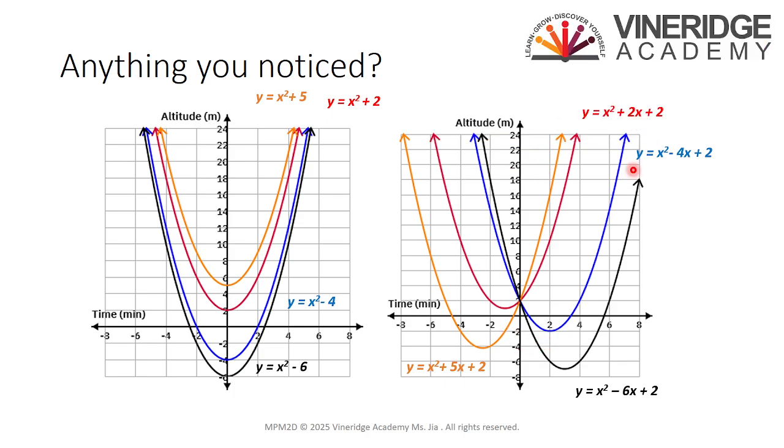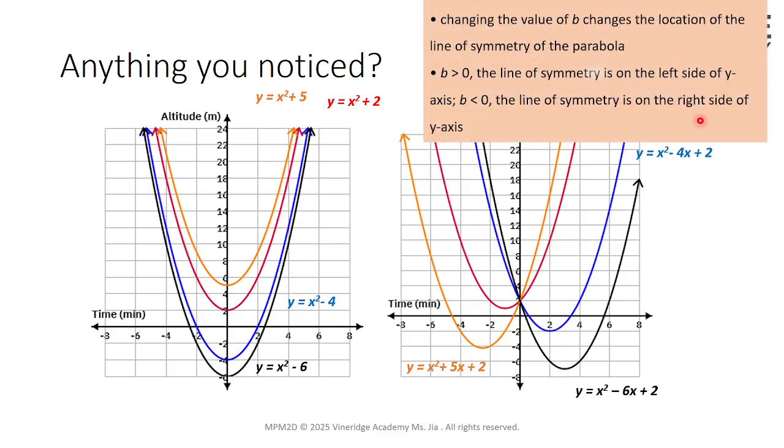When you have a negative b value, your line of symmetry is on the right side of the y-axis.